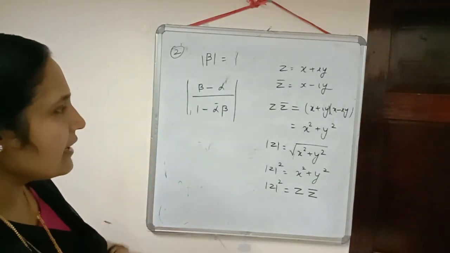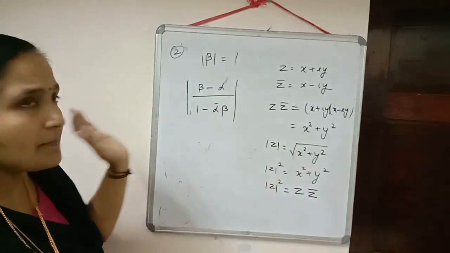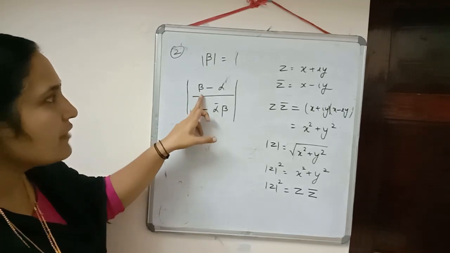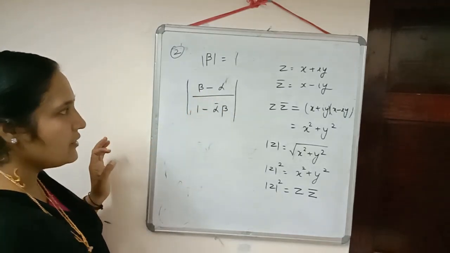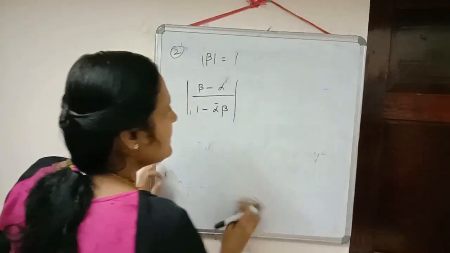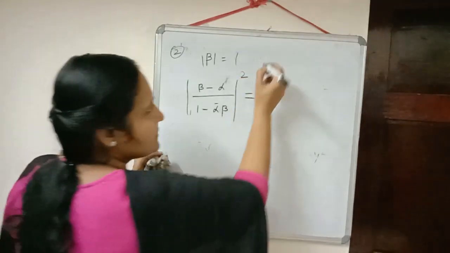So this is the concept which I am going to use here. I have to calculate the modulus of beta minus alpha by 1 minus alpha bar into beta. So what I will do there, we know mod z square is equal to z into z bar, so I will do the square of this one.